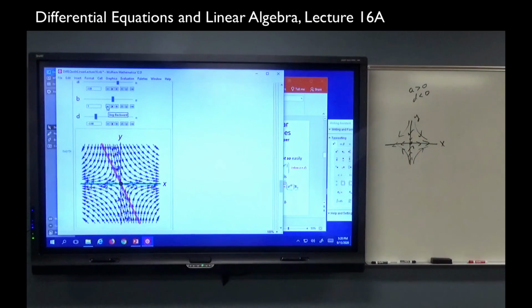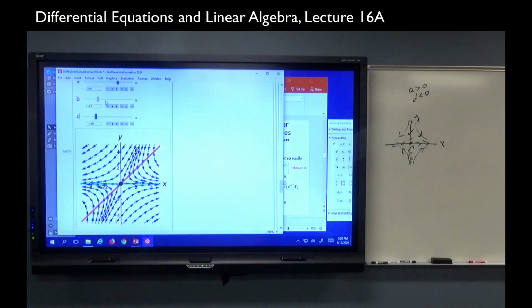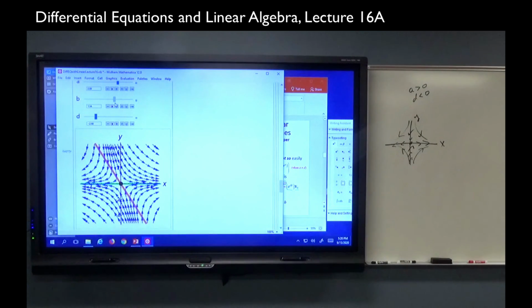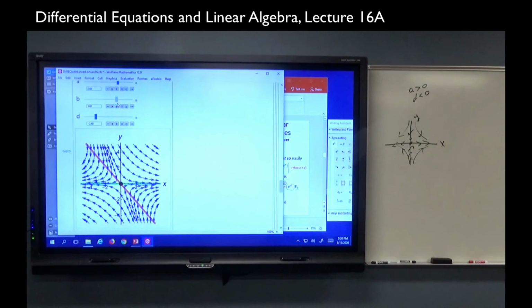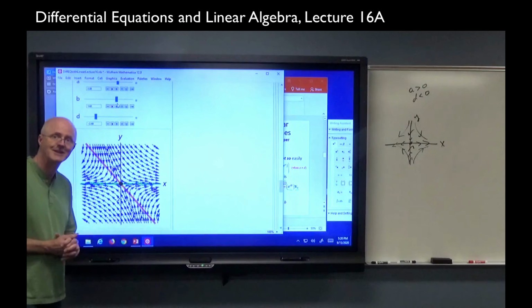A and D do affect whether the origin is a sink or some sort of more general node, technically called a saddle point. B actually doesn't affect that, but does affect the slope of that x nullcline that is colored orange here. Do notice how the solution curves cross that nullcline with a vertical tangent.